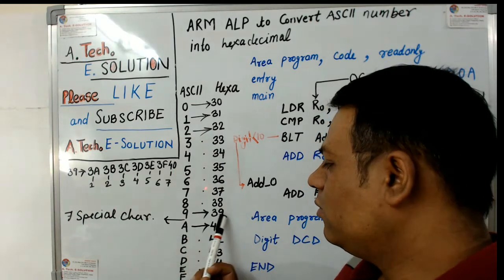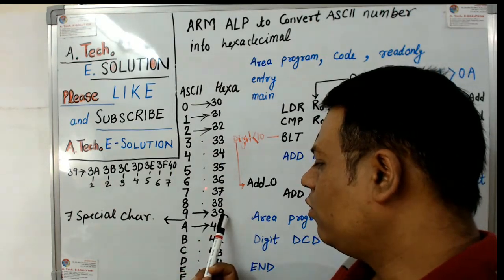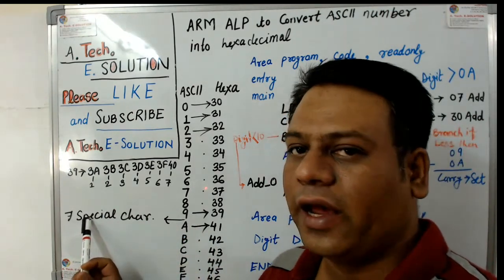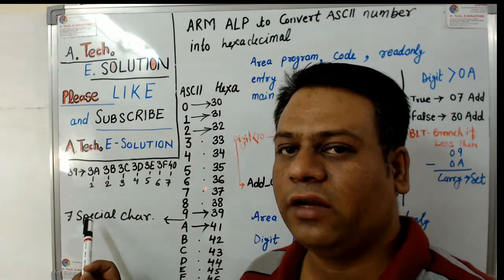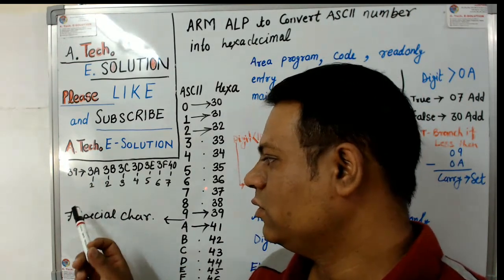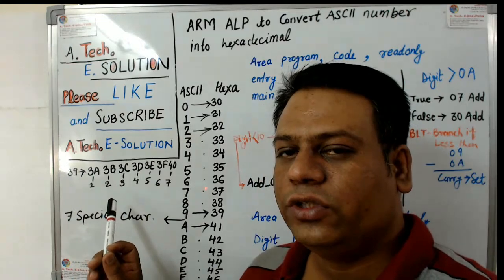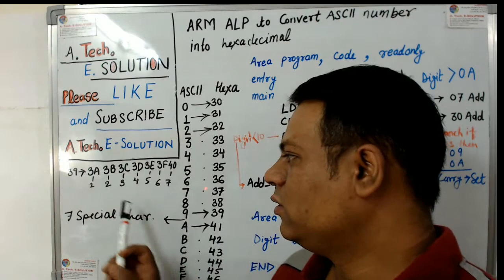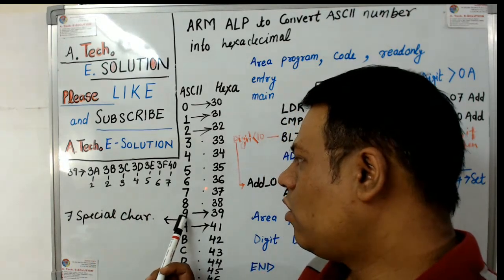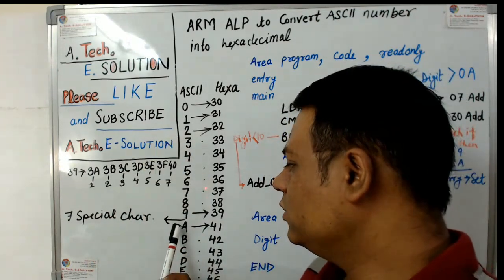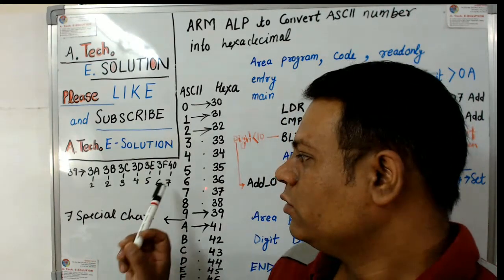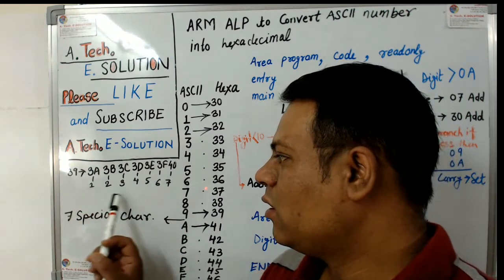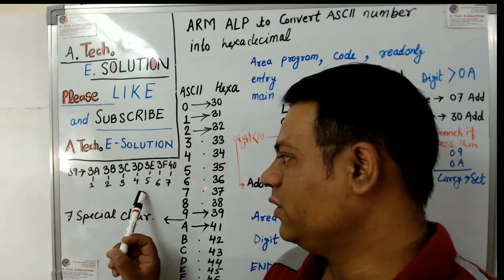Some numbers are missing over there, so these are special characters like plus, minus, greater than, less than, and we are not going to take the input of those. So in this case we take only 0 to 9 and A to F. So these 7 characters are left behind.